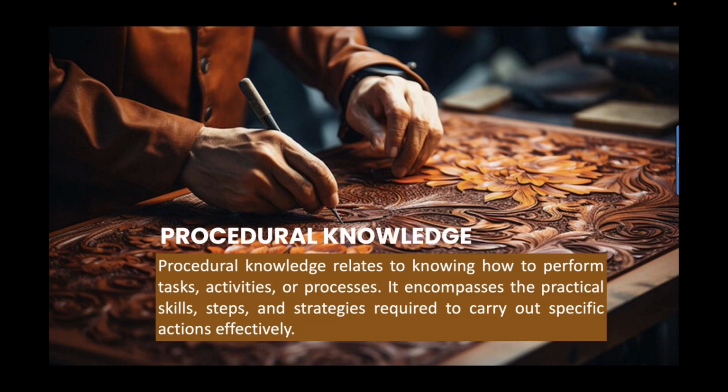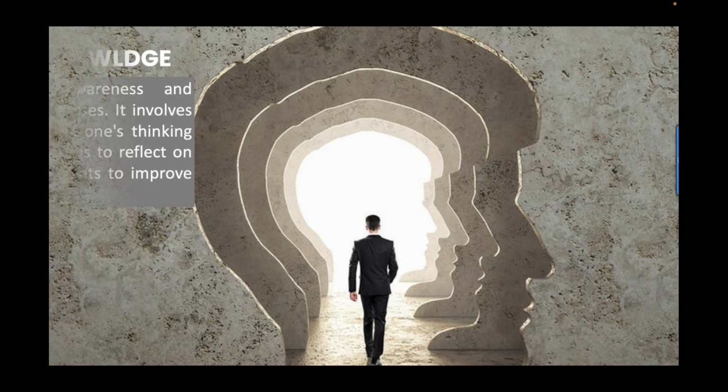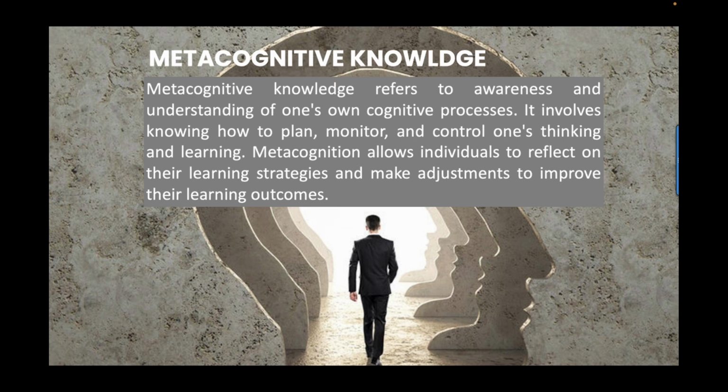Procedural knowledge relates to knowing how to perform tasks, activities, and processes. It encompasses the practical skills, steps, strategies required to carry out specific actions effectively. And metacognitive knowledge refers to awareness and understanding of one's own cognitive process. So how I learn, I must know this is the best way for me to learn something new or master something.